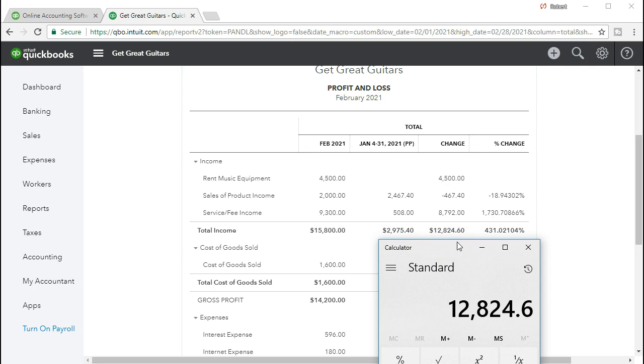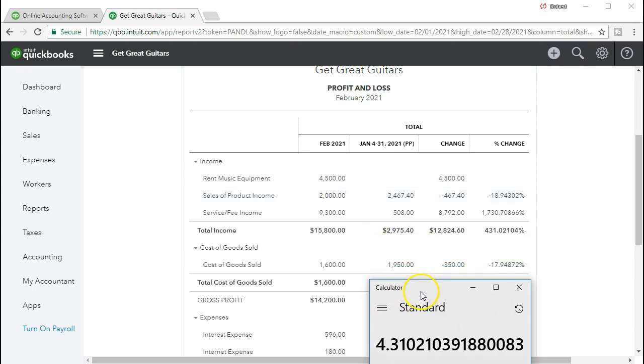Now if we take that number and divide by the previous month where we started from, this divided by the 2975.4 gives us our change. We've got to move the decimal over, so it's actually a 431% increase, which obviously is very large, and that would make sense because it's our first month of operation in January and the second month here. So there's a huge difference because of the first and second month of operations.